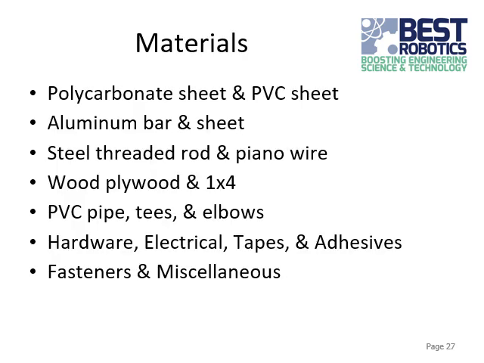So for your materials, you've got the plastic sheets, like the polycarbonate and PVC sheets. You've got some aluminum parts, like the aluminum flat bar and an aluminum sheet. You've also got a steel threaded rod and some piano wire if you want to use that.